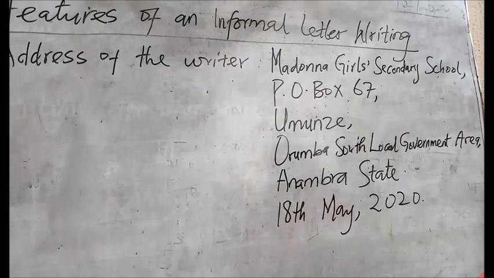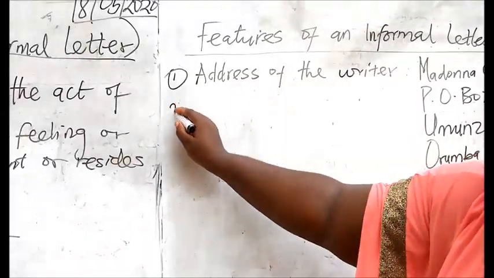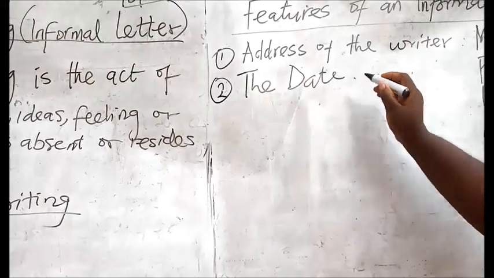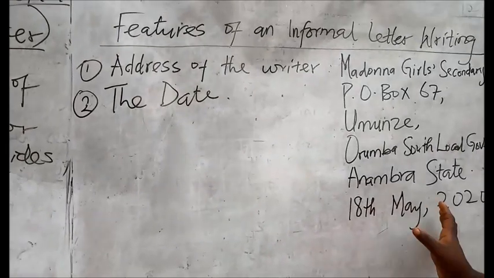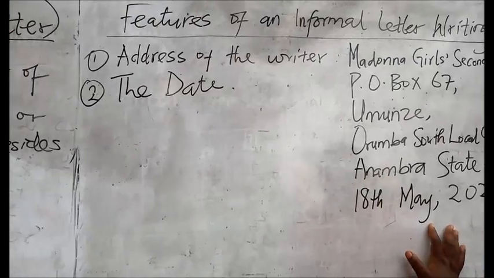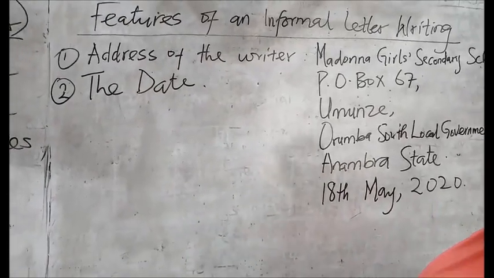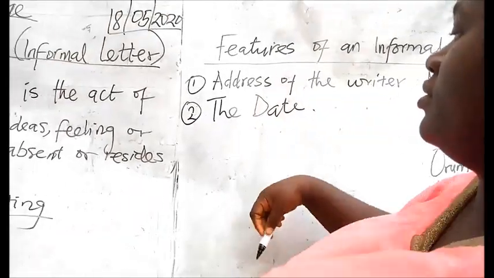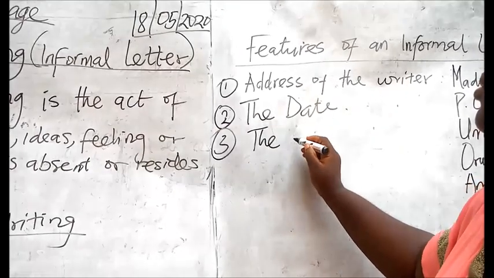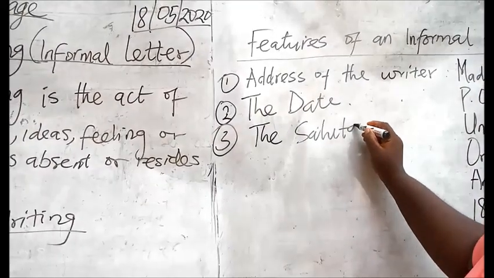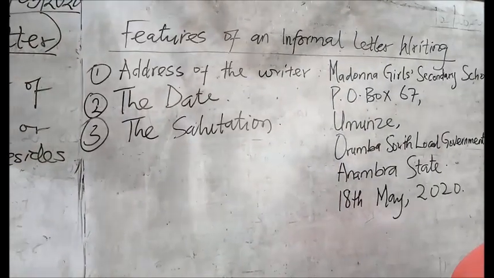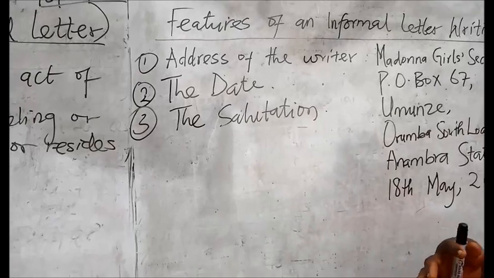Okay, the second feature is the date. The date is written immediately after the writer's address. Beneath the writer's address comes the date. Then after the date, we have the salutation. The salutation in an informal letter depends on the recipient.